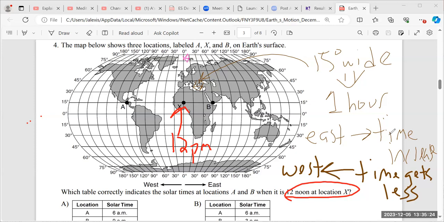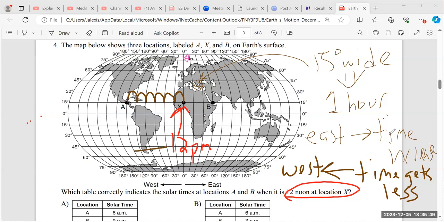So if it's 12 p.m., then for A, I'm going to head to the west, backwards. Let's see how many times I go backwards: 1, 2, 3, 4, 5, 6. Because I went 6 time zones back, that means I'm going 6 hours back.